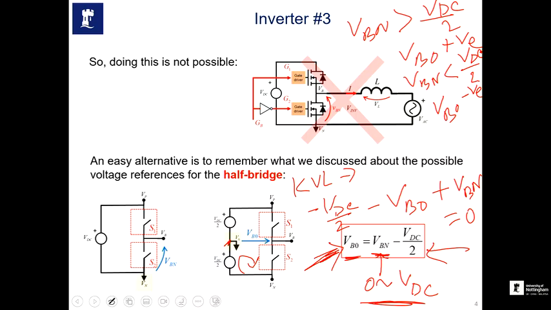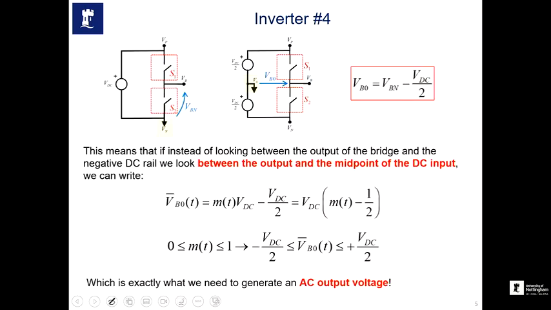So we can basically use this circuit, the second circuit, as an inverter, a simple inverter, which is shown in here. So we just derived VBO is equal to VBN minus VDC by 2, and if we take the average VBO, because you remember we just wrote the formula before, VBN, the voltage in here, is basically MT times VDC.